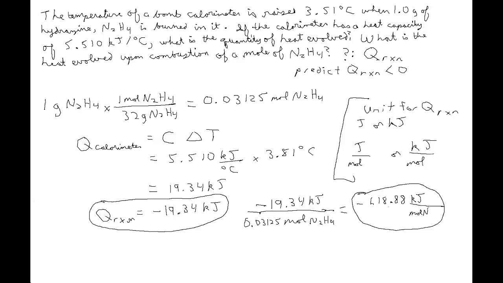Well, since it's 19 for every 0.03125 moles, then that means that 619 kilojoules are released per 1 mole of N2H4. Okay, yeah. Isn't that how we always interpret fractional units? That's a technique that you were using quite a bit yesterday.